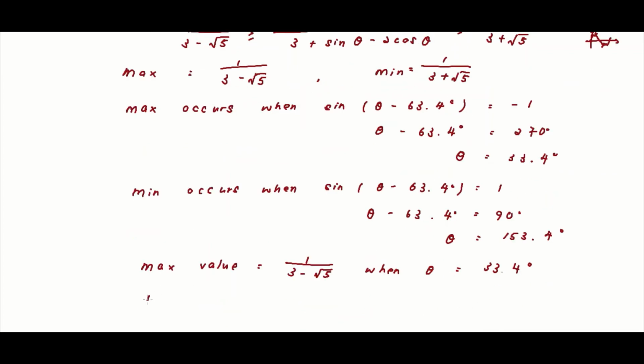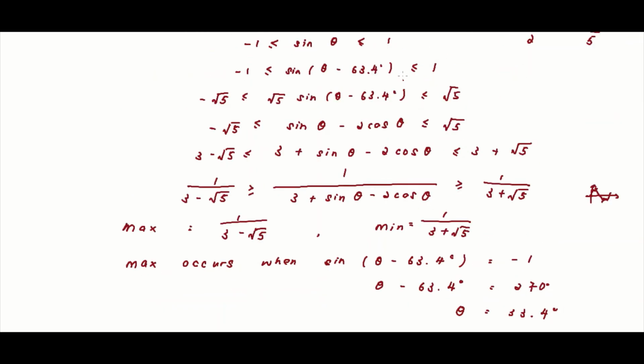So the other one, minimum value equals 1 over 3 plus square root 5 when theta equals 153.4. So the same thing, you can try to use your calculator, just substitute these two values inside here to check that whether you get square root 5 or not. Okay, so that's the idea.